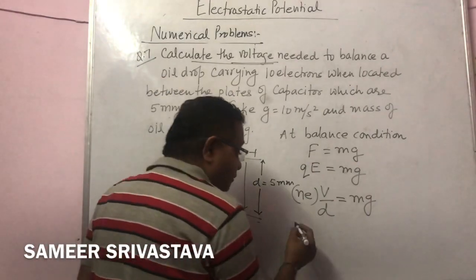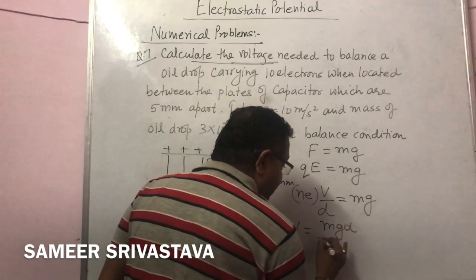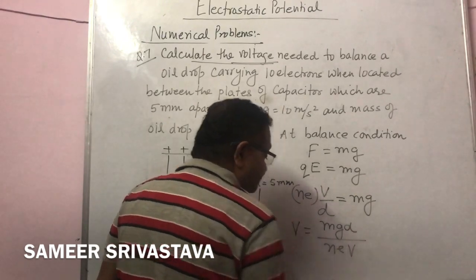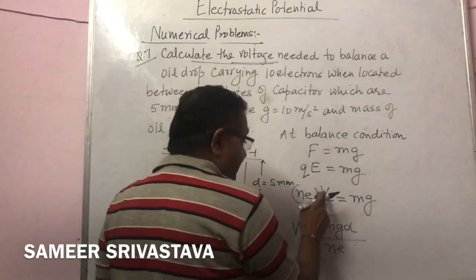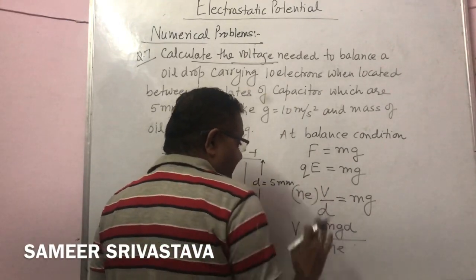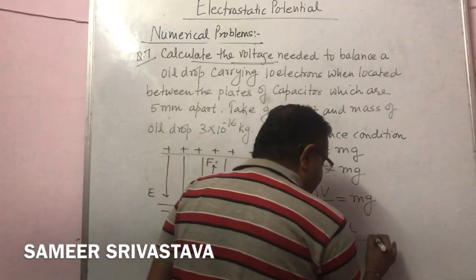Now put all the values. We have to find V. So we can write the formula V equal to mgd upon Ne. Put the values here.